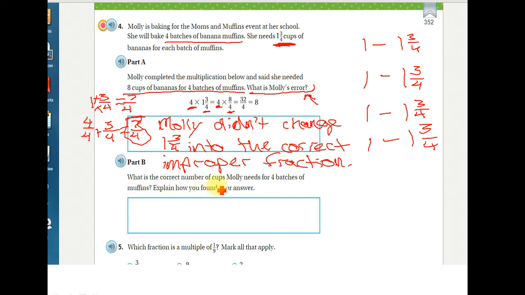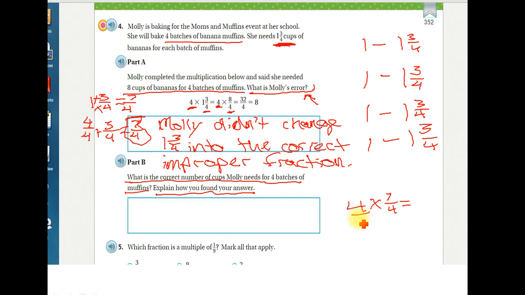What is the correct number of cups Molly needs for 4 batches of muffins? So that's our question. We know that she did her math wrong here, so now we've got to fix it and then explain how you found your answer. Well, if we take her problem but just fix that one error, the 4 was okay for 4 batches, times, it's not supposed to be 8/4, we found out it's supposed to be 7/4.